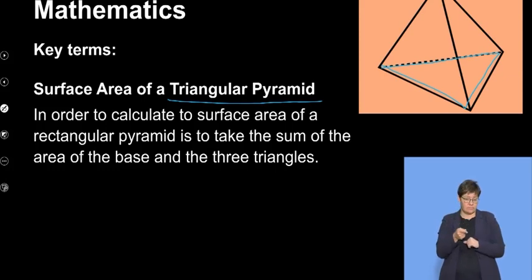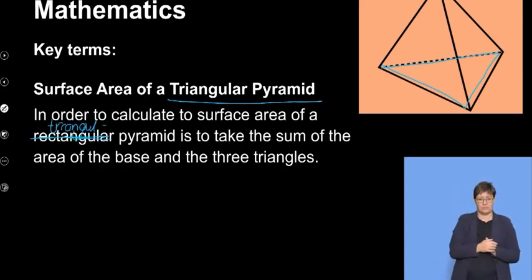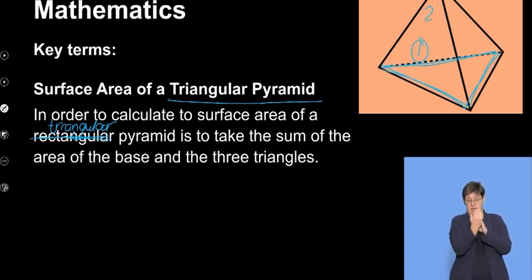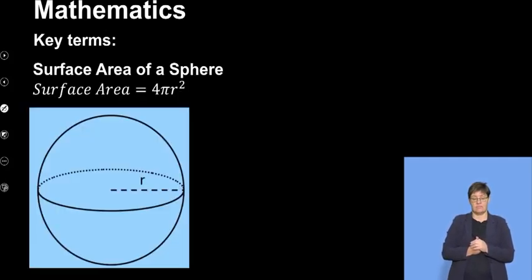And in order to calculate the surface area of a, sorry, this is supposed to say triangular pyramid, we have to take the sum of the area of the base and the 3 triangles. So I will take the area of the base, then the area of the triangle that comprises each side of the pyramid. Let's go to the next slide.